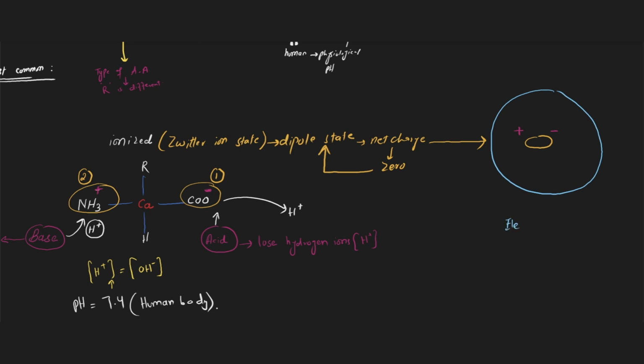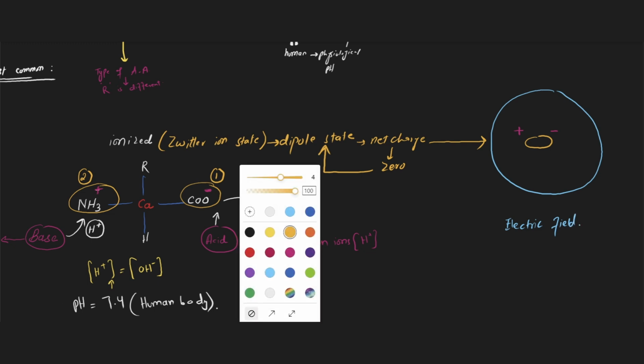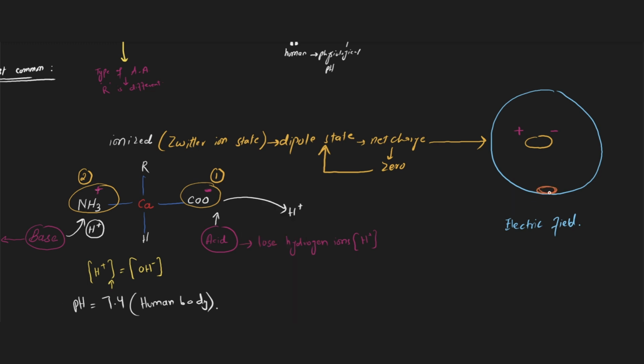In the electric field, you know that there are basically two poles: a positive pole, or positive electrode, and the other one called the negative electrode.